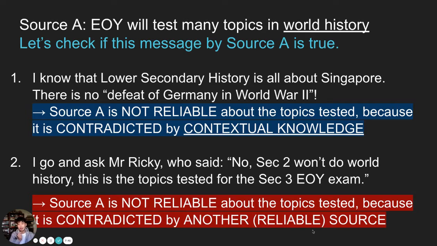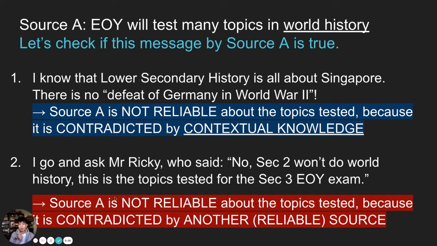Let's look at the second example. Source A says EOY has topics tested in world history. Because you asked Mr. Ricky, who is a teacher and quite trustworthy, and he said, oh, Mr. Seow got it wrong. Actually, this is Sec 3, not Sec 2.